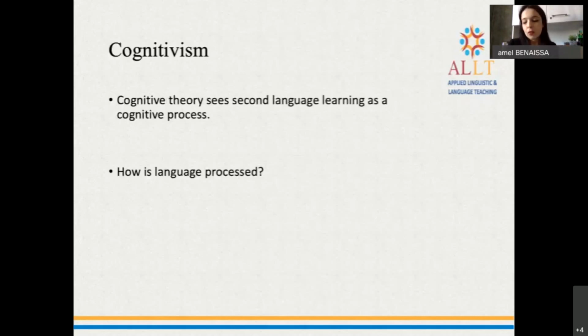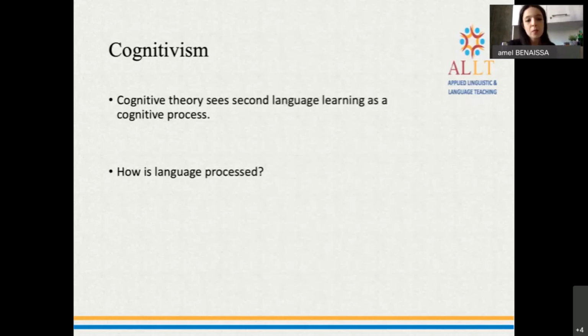Well, for the advocates of explicit learning, mainly the cognitivists, even if cognitivism is not really a theory that initially aims at explaining the role of technology, the principles of cognitivism can really justify the use of some technological resources.